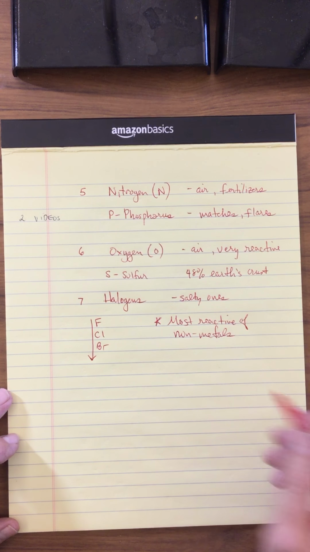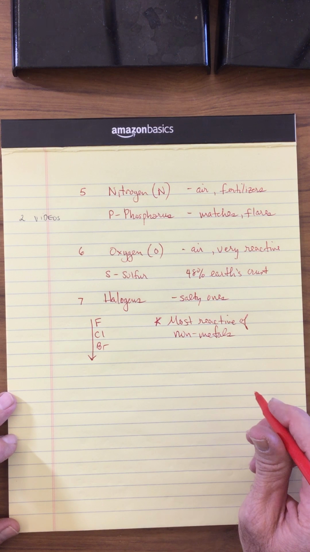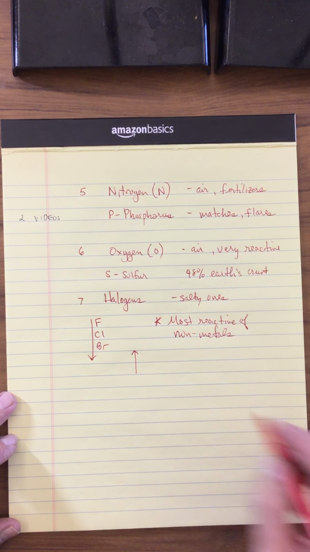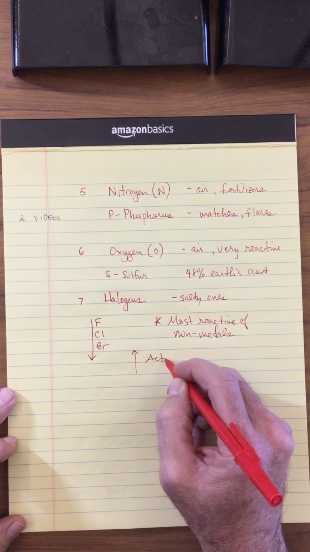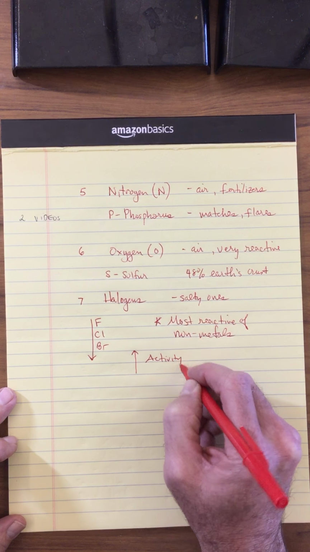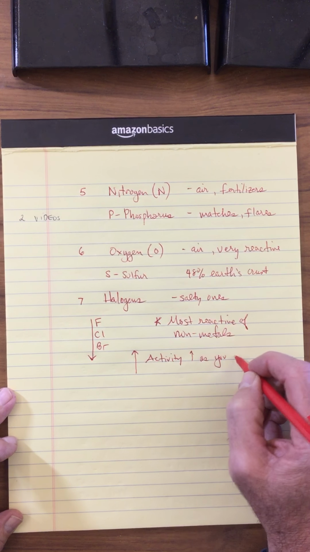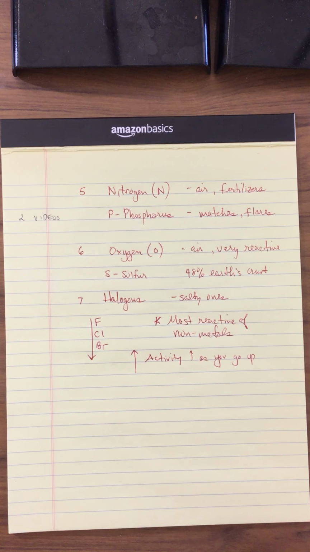And what's interesting is you're going to see in a video, they get more reactive as you go up. So as you go up this group, the activity increases. The activity increases as you go up the group, not down as you would with the metals.